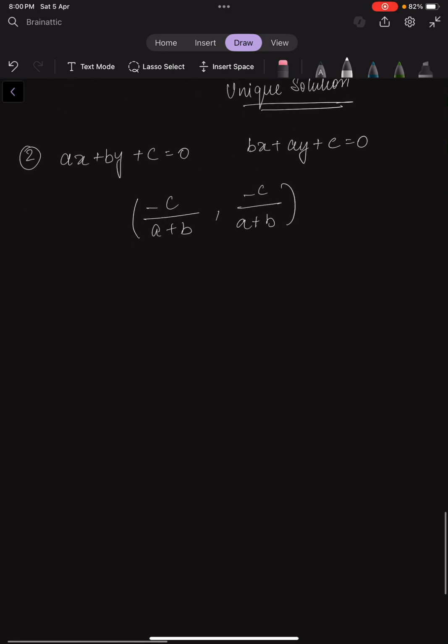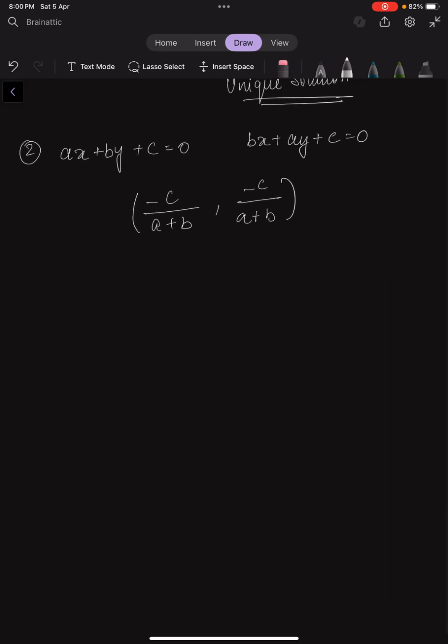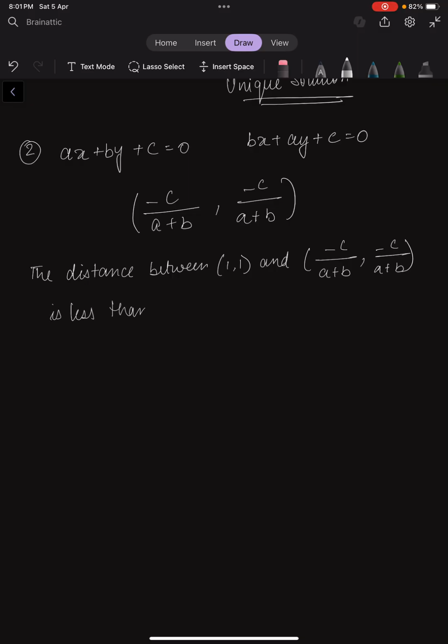And from the distance between 2 points, I can very easily write the distance between 1 comma 1 and minus c by a plus b comma minus c by a plus b is less than 2 root 2.